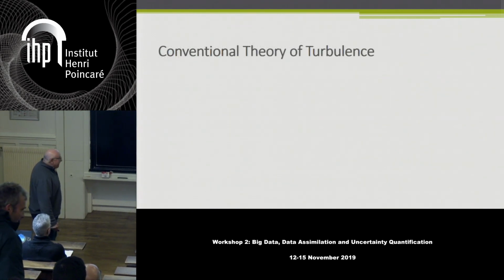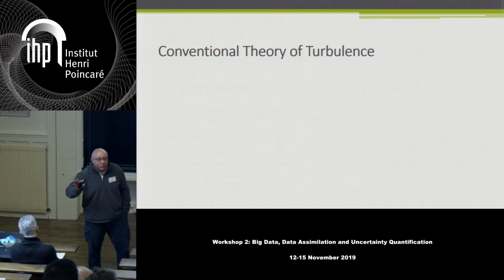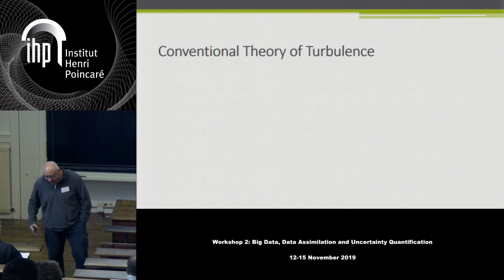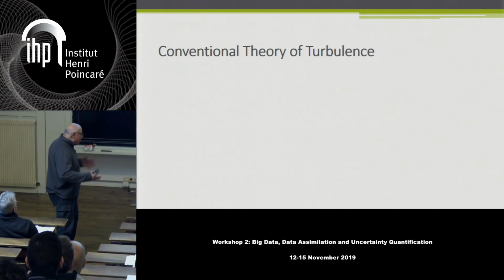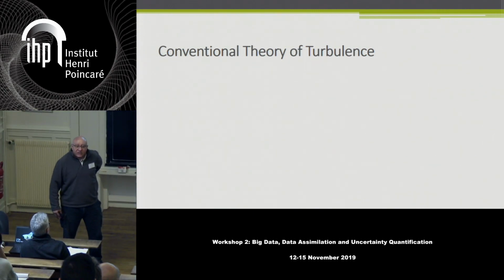Where this idea came from, at least for me: I was not born doing data assimilation. I was born, mathematically, in a community working on the Navier-Stokes theory, and trying to connect whatever we do with turbulence theory, communicating with physicists.